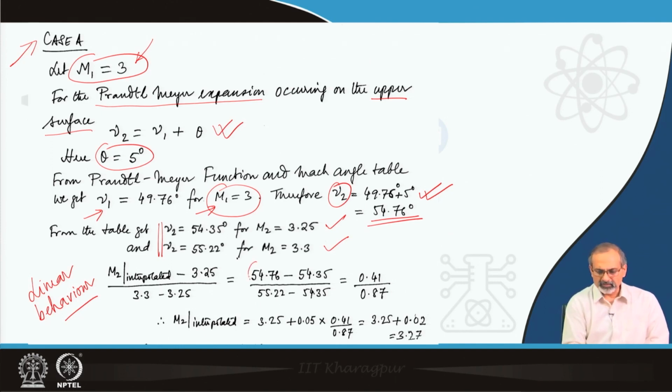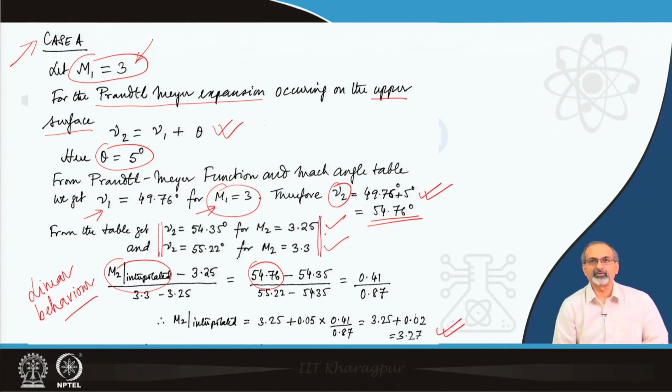So, we know the new value at that Mach number. Based on that, we interpolate the actual Mach number based on the range of values that we are talking about over here, and we find that the interpolated Mach number comes out to be 3.27, which of course lies in between these two values.